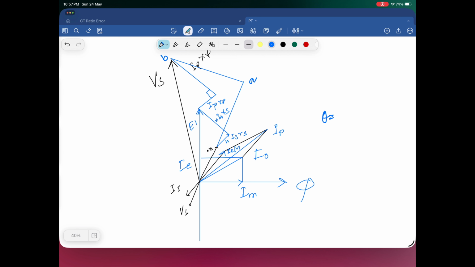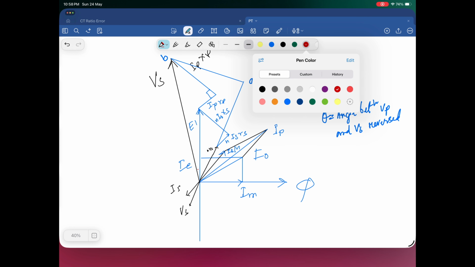So we note down the different angles. Theta is the angle between Vp and Vs reversed. So this is our objective, to find out the value of theta.